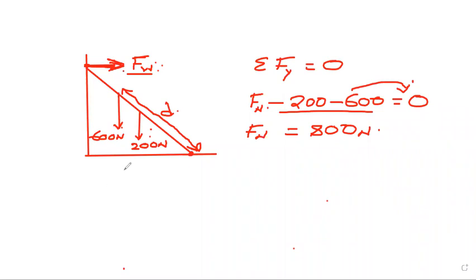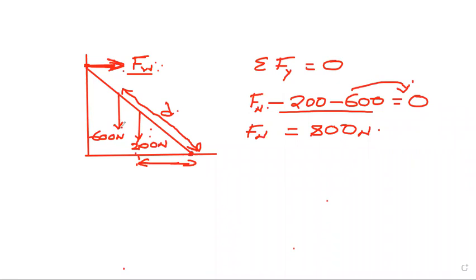Like I was saying, for us to calculate the torque, we need to have the force and the displacement perpendicular to each other. If we were to extend this 200 Newton force, it will be perpendicular to some distance here, because we are taking the torque to be about the ground. So this distance here will be the displacement of the 200 Newton force.